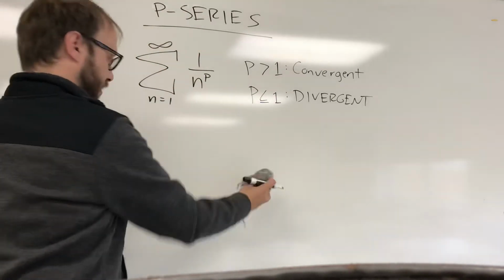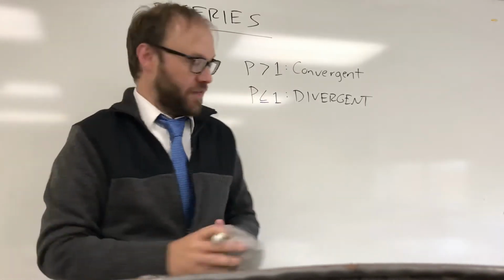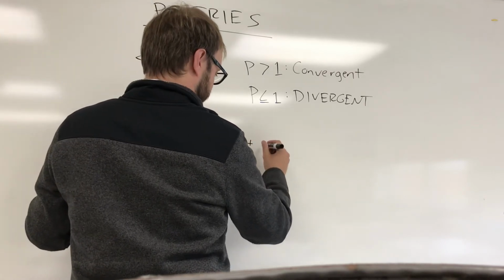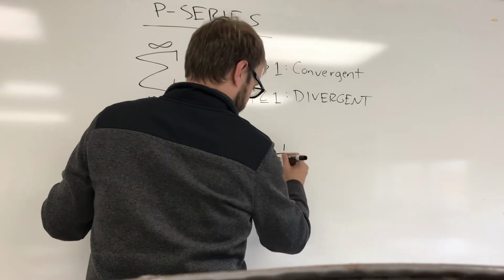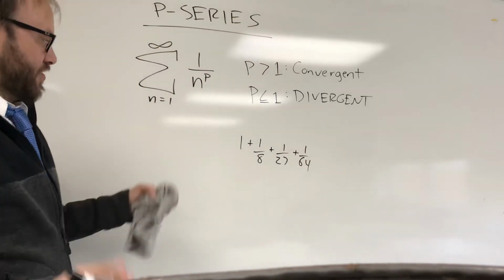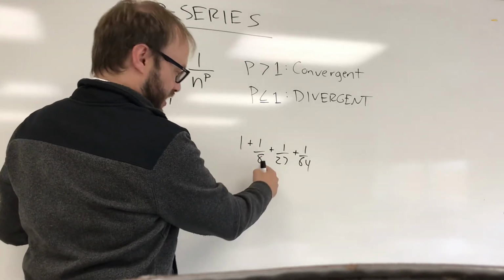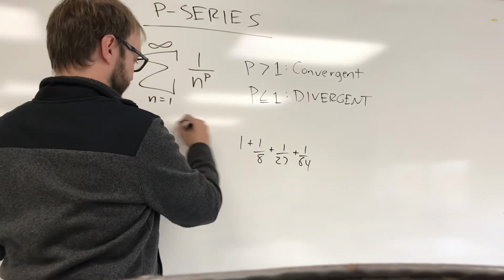It's also possible that you won't be given the general formula for the series. So maybe you'll just be given a series like 1 plus an 8th plus a 27th plus a 64th. Maybe you'll have something like that, and you'll notice, oh, 1 cubed is 1, 2 cubed is 8, 3 cubed is 27, 4 cubed is 64.